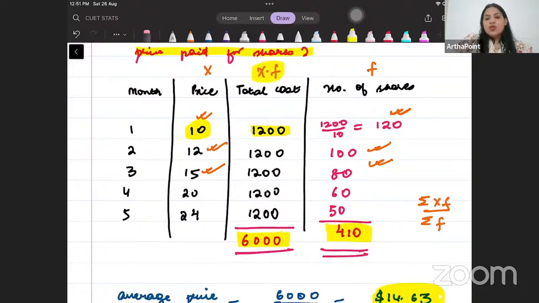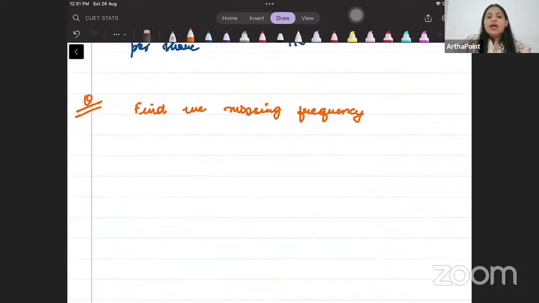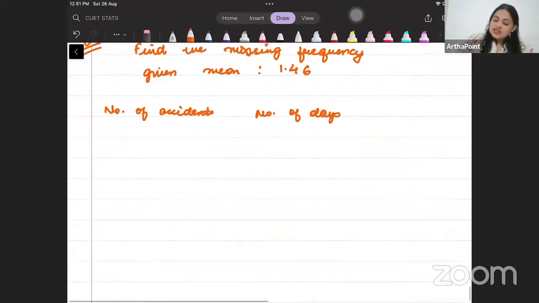Okay. So now you have to go ahead and calculate the missing frequency, and you are given that the mean of the distribution is 1.46. This is given to you. So you're given the data set, beta, that the number of accidents and the number of days are given. So accidents का data set is 0, 1, 2, 3, 4, and 5.